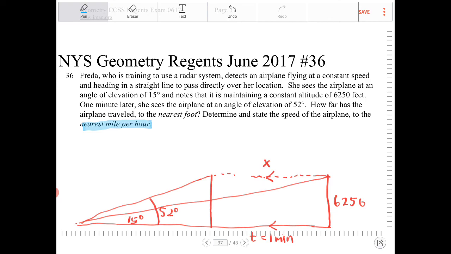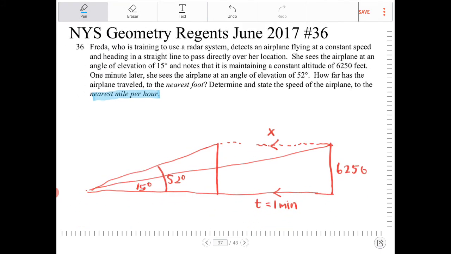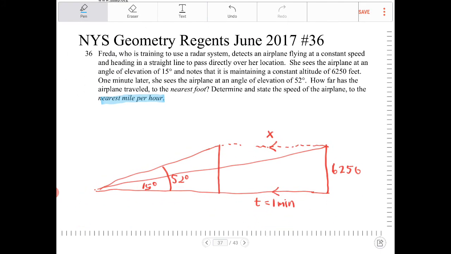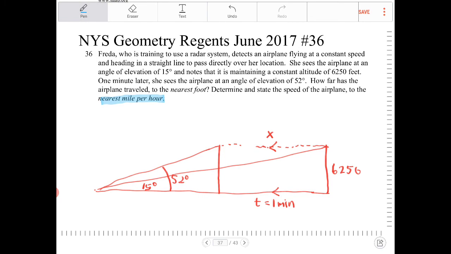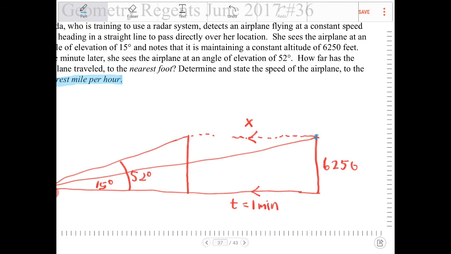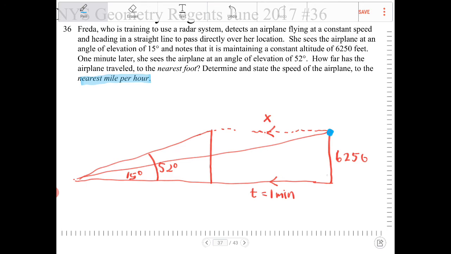Okay, so I went ahead and drew out the situation here. Honestly, this is probably half the battle in interpreting and analyzing this question. So this is the situation. The airplane starts off over here, which I'm going to draw in blue, at a height of 6,250, which forms a right angle with the ground, with the horizon.